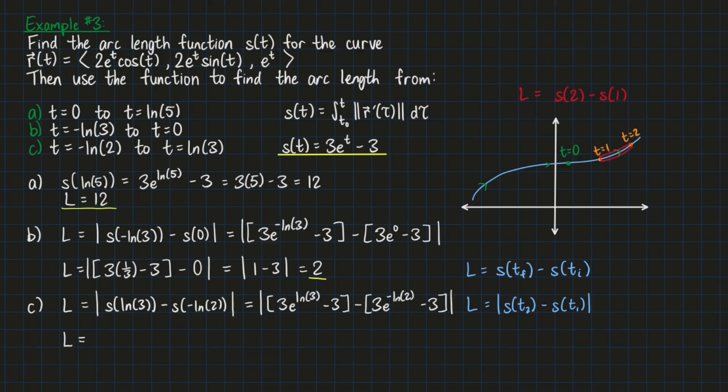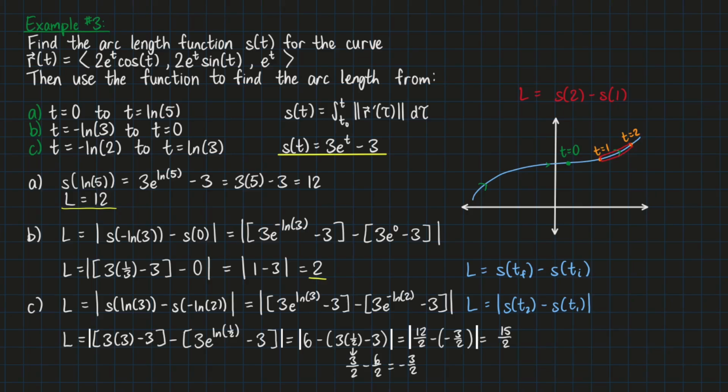And then we'll have 3 times 3 minus 3 minus, and then for the second part, we have to rewrite this using the same concept. This is 3 times e raised to the ln of 2 raised to the negative first power, or just 1 over 2. So the arc length between t equals negative ln of 2 and t equals ln of 3 equals 15 over 2.